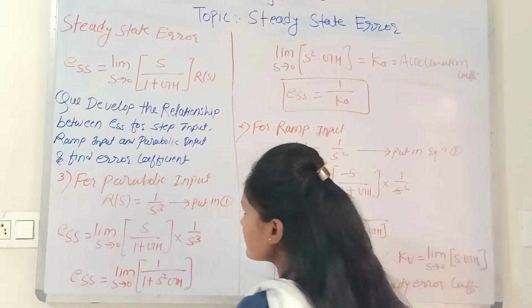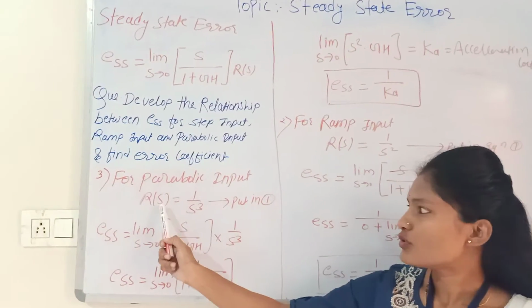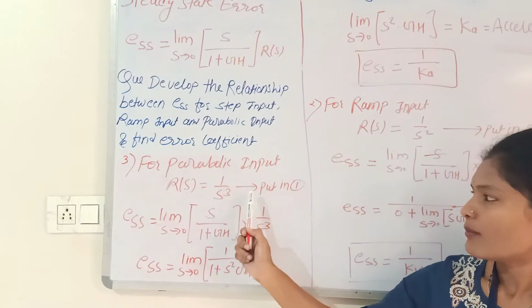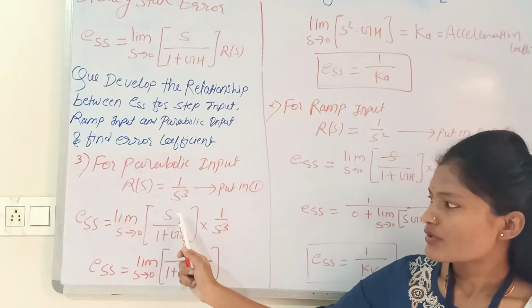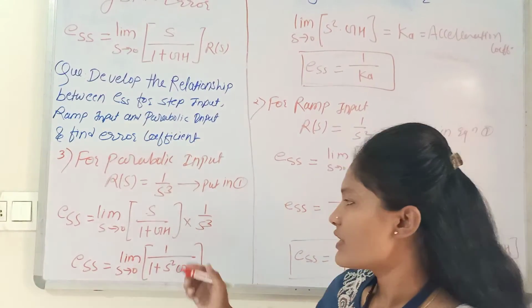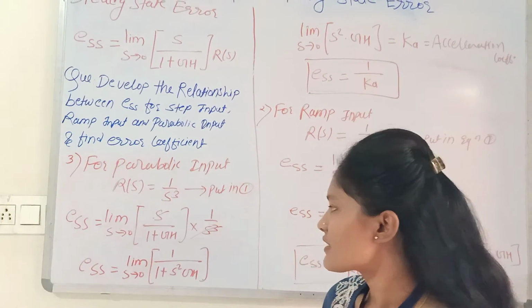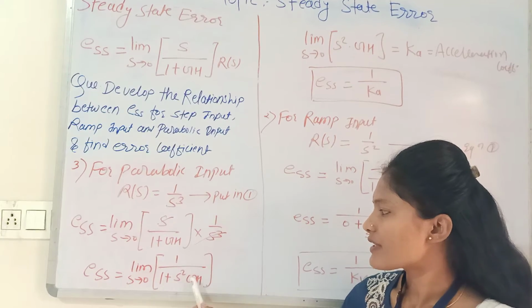Then the third input is the parabolic input. For the parabolic input, R of S is 1 upon S cube. Put this value in equation number 1. So we get ESS is limit S tends to 0 of S upon 1 plus GH into 1 upon S cube. Here again S and S are cancelled, so the remaining term is limit S tends to 0 of 1 upon 1 plus S square into GH.